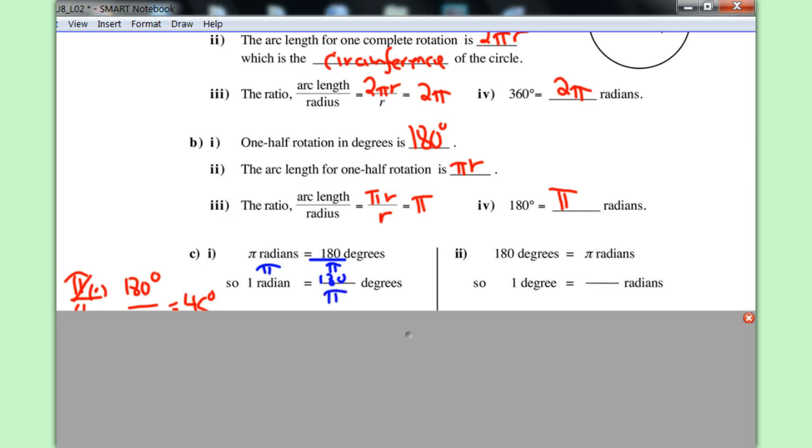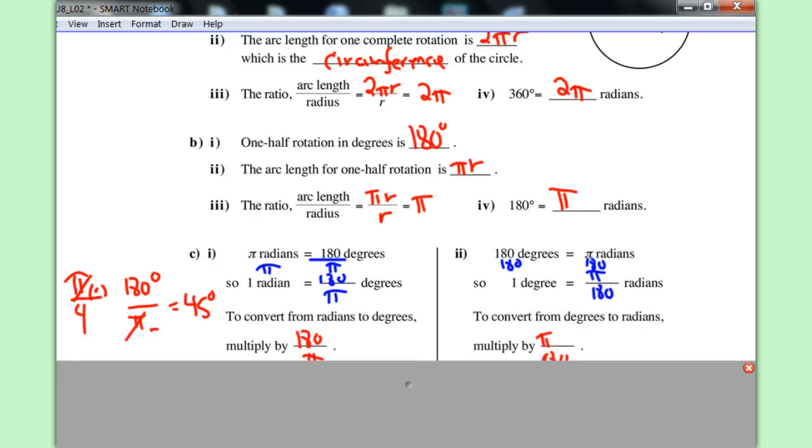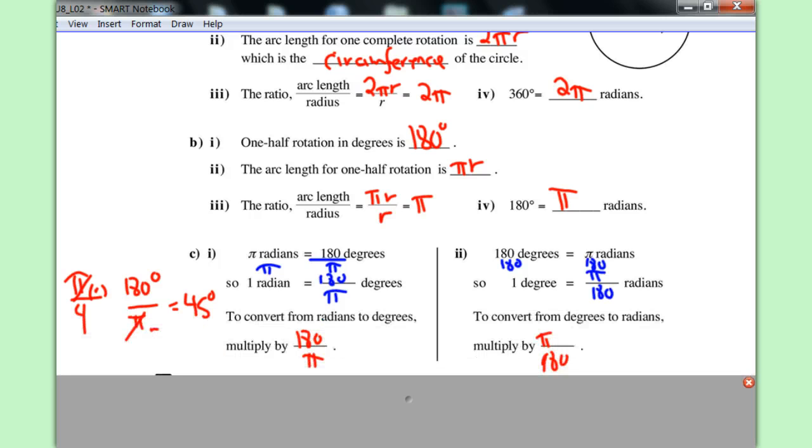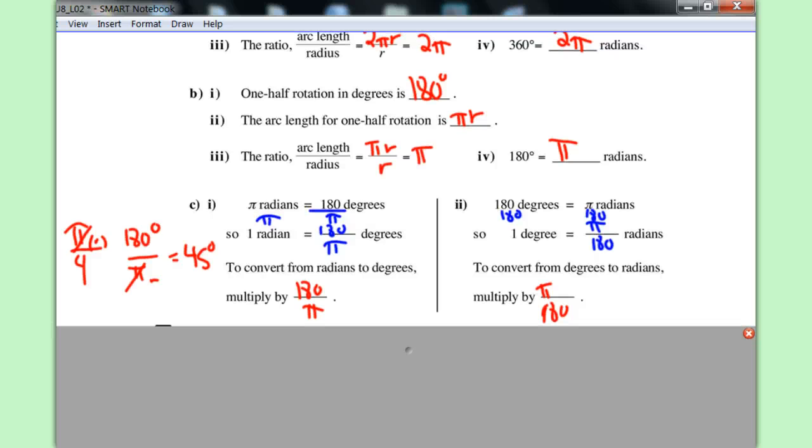If you divide both sides by 180, then 1 degree is equal to pi over 180 radians. So in order to convert from radians to degrees, you multiply by 180 over pi. In order to convert from degrees to radians, you multiply by pi over 180.